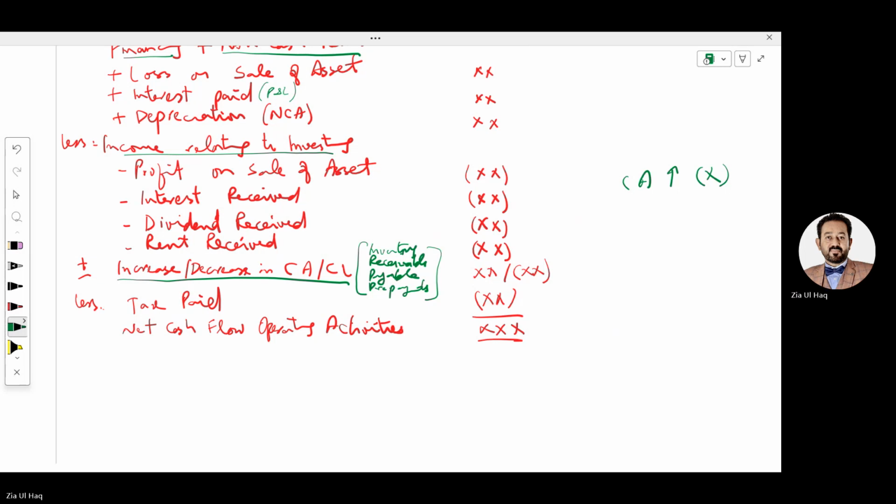In minus figure. If current assets are decreasing, we have to add, as then we are selling inventory. We are receiving money as receivables decrease. So that we have to add. Is that fine?